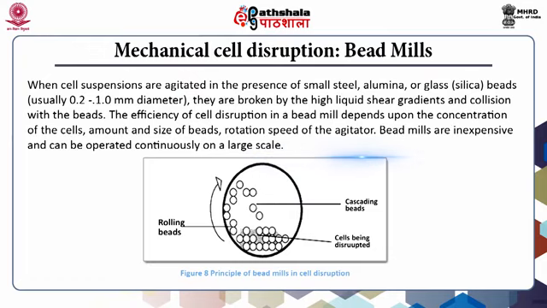The efficiency of cell disruption in a bead mill depends upon the amount and size of the beads, the concentration of the cells in suspension, as well as the speed of rotation of the agitator. The bead mills are inexpensive and can be operated continuously on a large scale to lyse algae, bacteria and fungi.